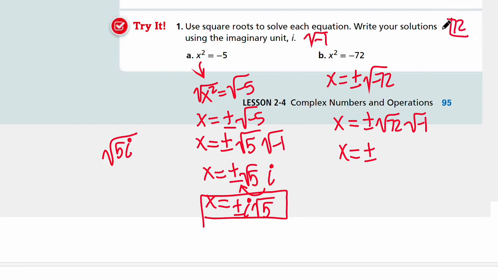Let's factor 72. 72 divided by 2 is 36. And then divide this by 2, 18. Divide that by 2, 9. Factor it out completely, then you'll be able to see, oh, this could be rooted out. So 2 times 3 would be 6.